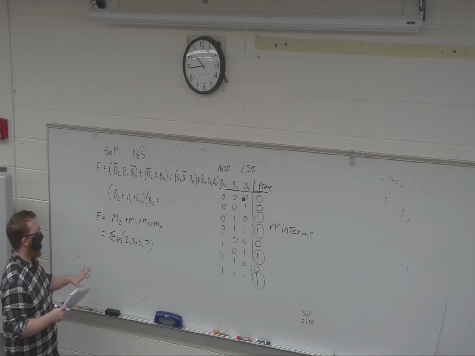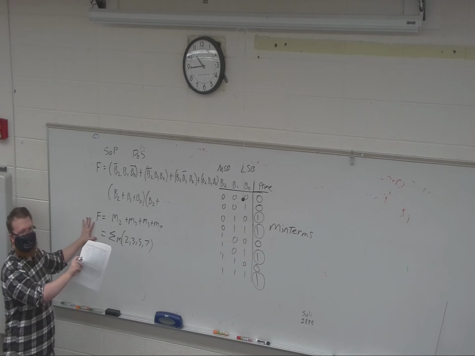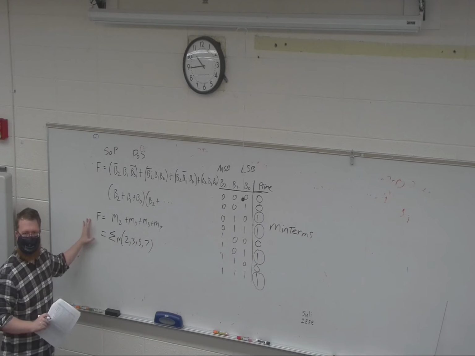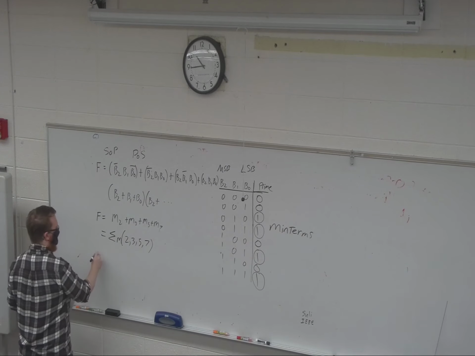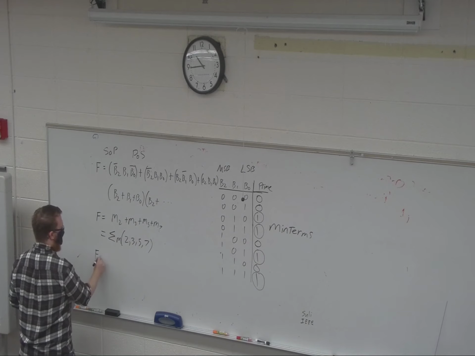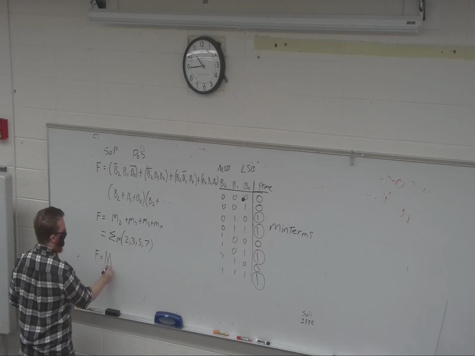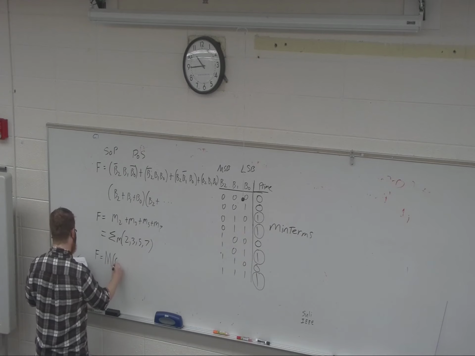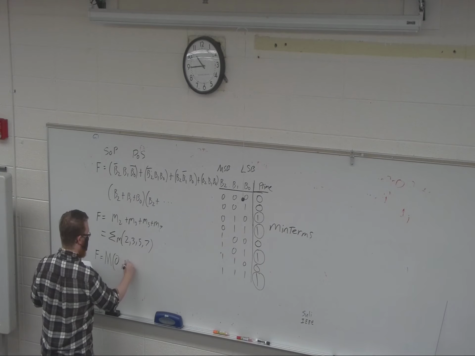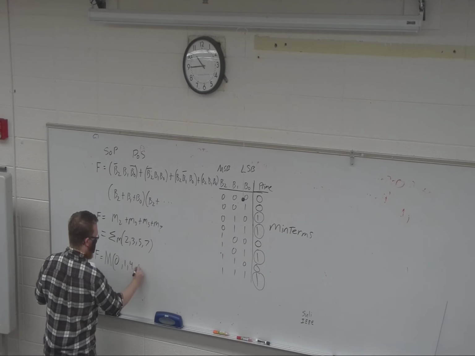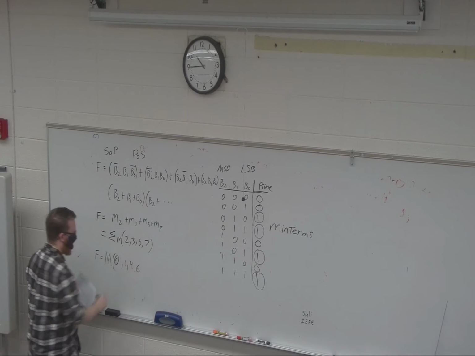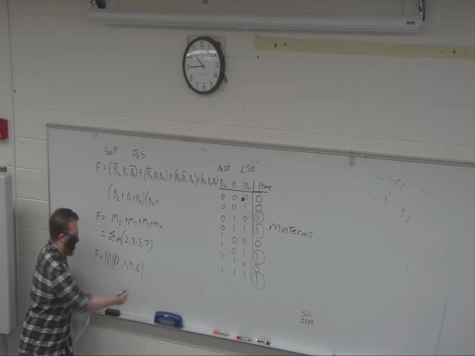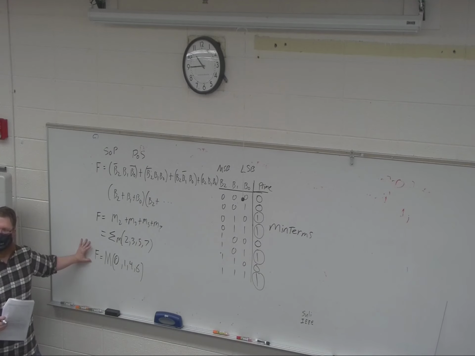Similarly, maxterms is what we call those zeros, where you would have F is equal to the max, capital M, of the same type of thing, except inverted, where you're having 0, 1, 4, and 6. That is also true.